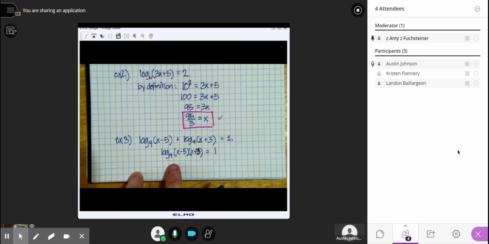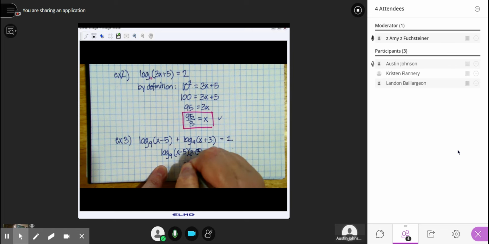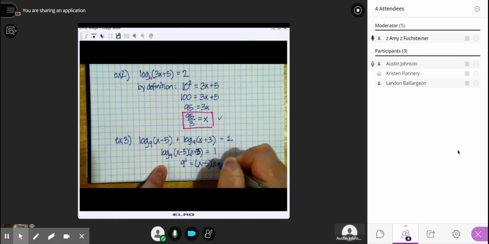Then if I use my definition, it's going to be 9 to the first power has to equal the result here, (x minus 5)(x plus 3).